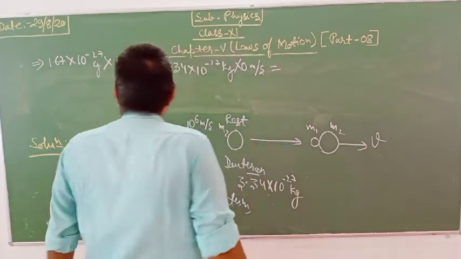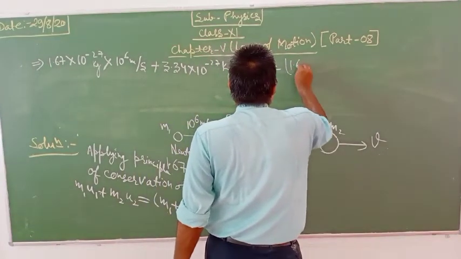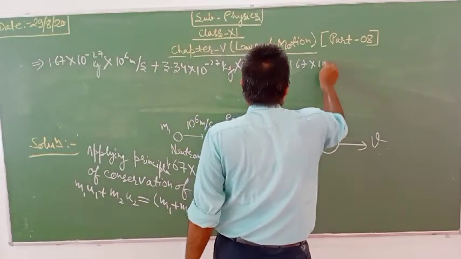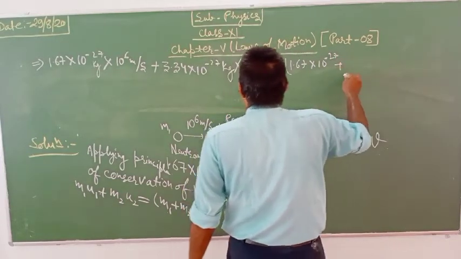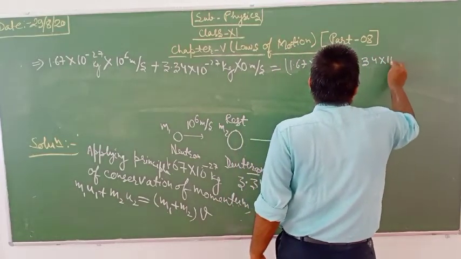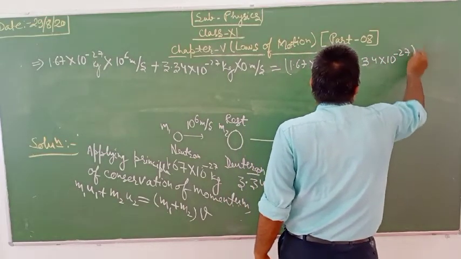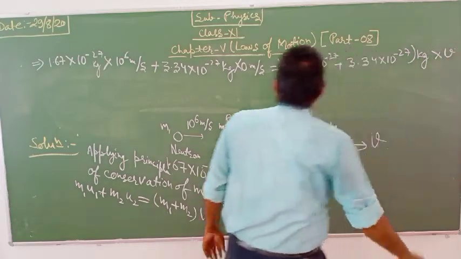That is equal to 1.67 plus 3.34, into 10 to the power minus 27 kg, into v.